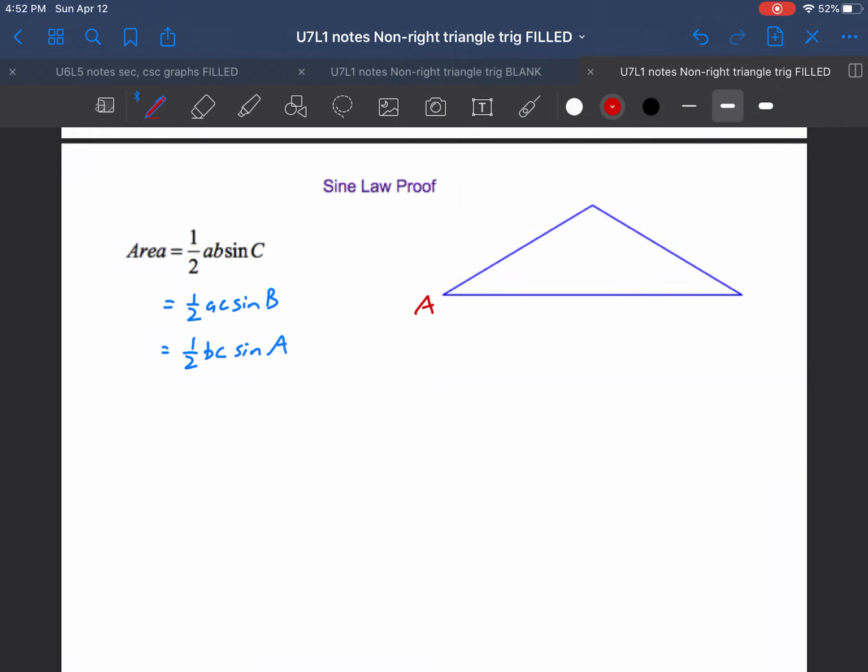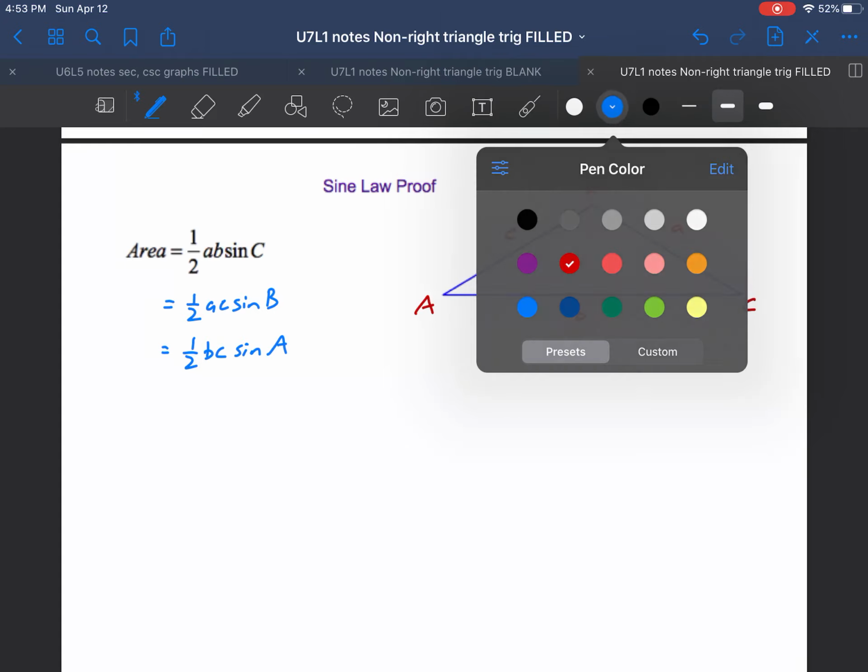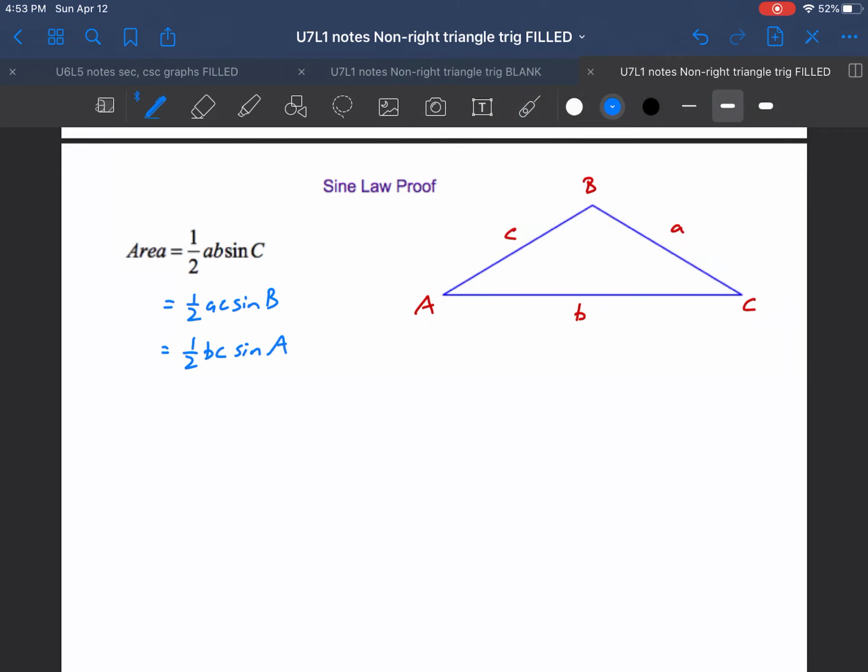I'm going to label this triangle. That's angle A, that's angle B, that's angle C. So this is side A, side B, and this is side C. So if these are all expressions for the area of this triangle, then I can set these all equal.